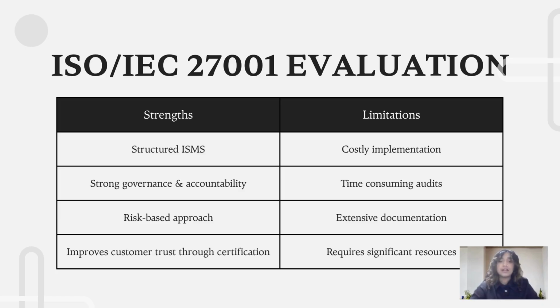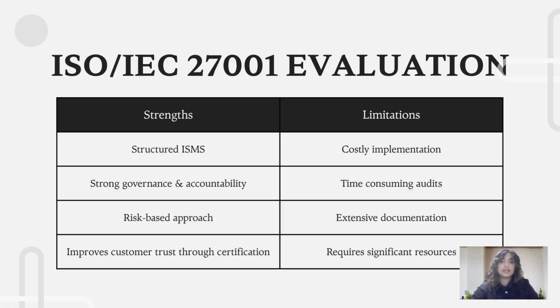My name is Ria, and now I will evaluate the strengths and limitations of ISO IEC 27001 and the NIST cybersecurity framework for a medium-sized electronics retailer. For ISO IEC 27001, one of its main strengths is its structured information security management system.